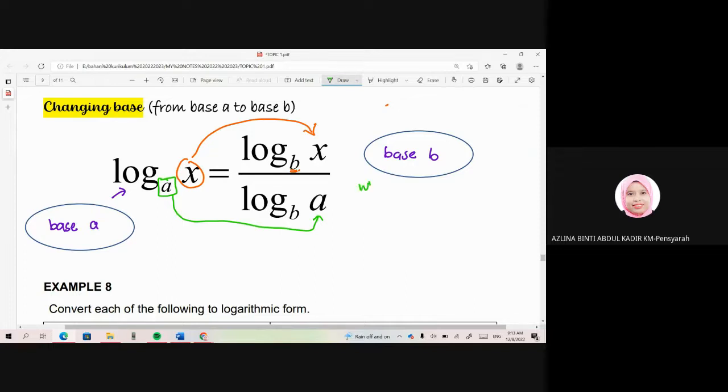Or when we change x is equals to B, that means x.